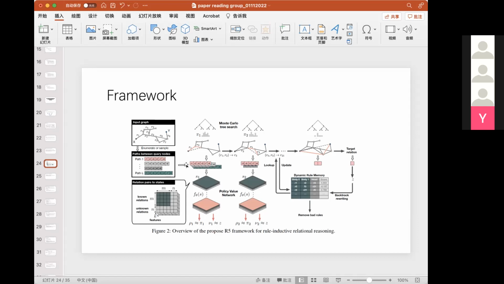By replacing R1 and R2 with this ID of the unknown relation among all these sample paths, we will achieve a different sample of path. Based on this sample of path, we will update the feature of the relational pair.